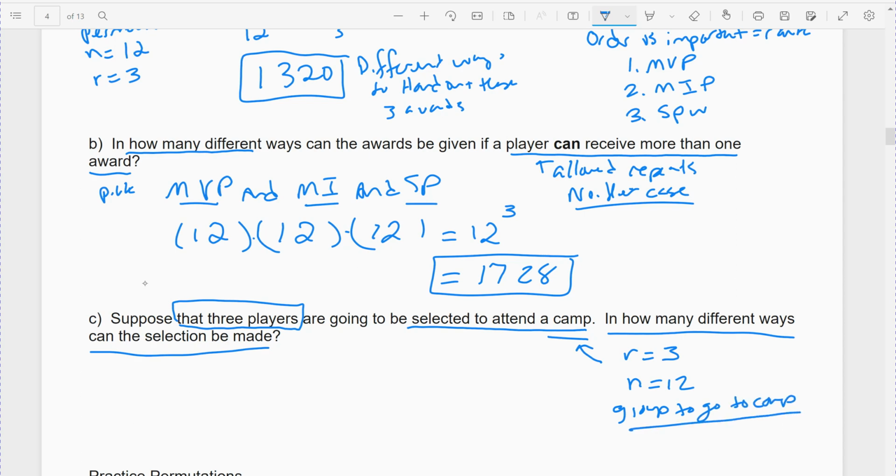Does it matter what order you're selecting? If you're picked first to go to camp or last to go to camp, does it matter? No, you're all going to camp, whether you're the first selection or the second or the third. And so order is not important. You just want the different groups. They're just groups with no order.